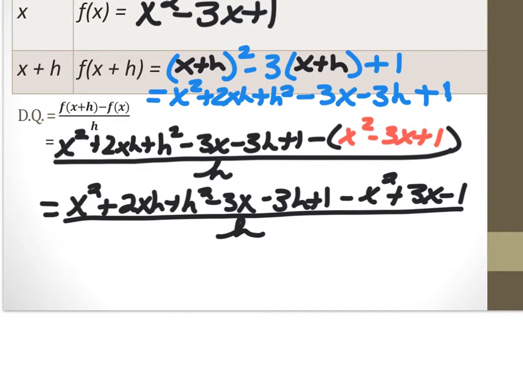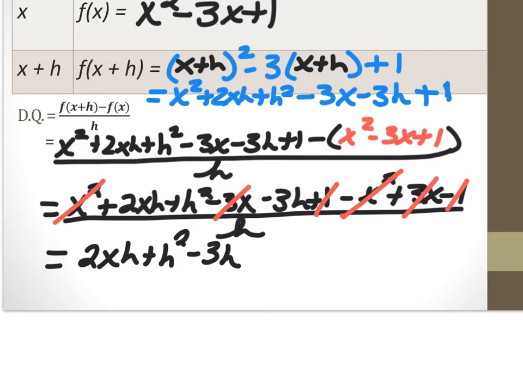Okay, and let's see what happens then. We get, sorry, wrong color, positive and negative x squared add to 0, negative and positive 3x add to 0, positive and negative 1 add to 0. And so let's go ahead and rewrite. We get 2xh plus h squared minus 3h is all that's left in the numerator. Now notice there's an h in everything, so let's factor an h out.